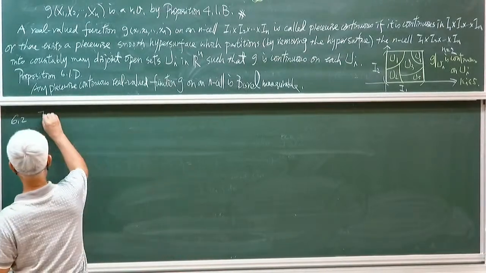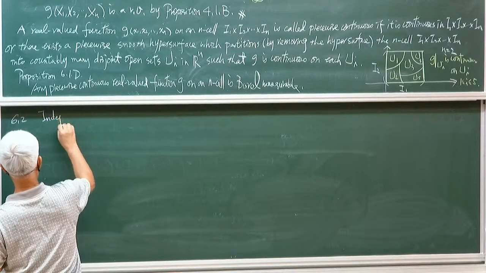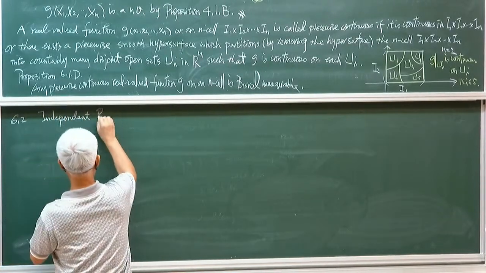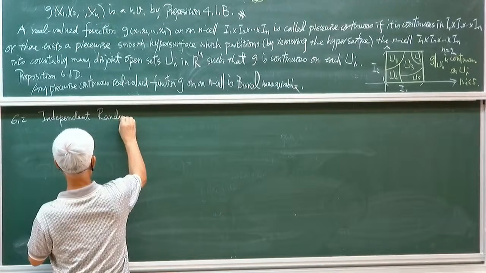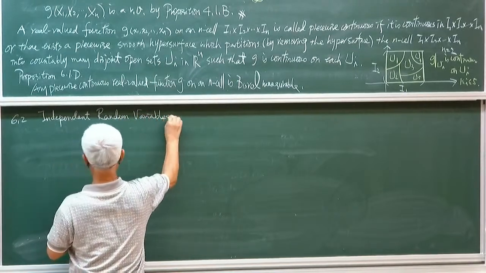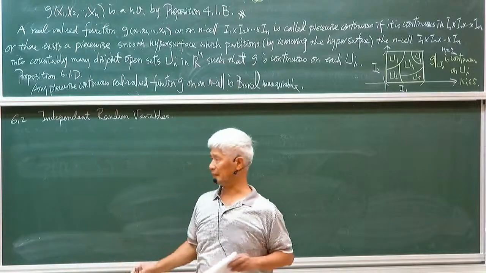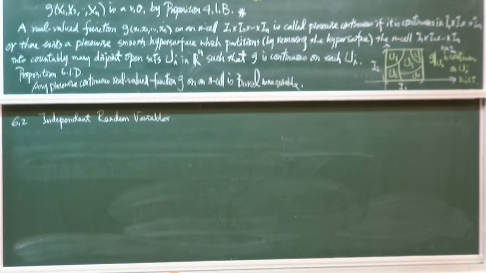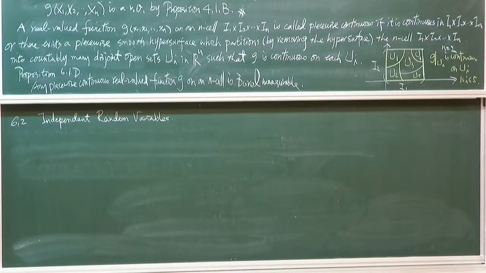We call them independent random variables. Independent random variables are a very special kind of relation among a finite number of random variables.